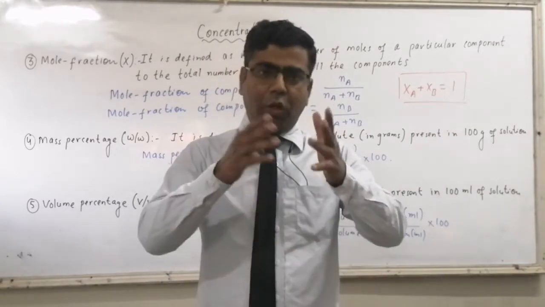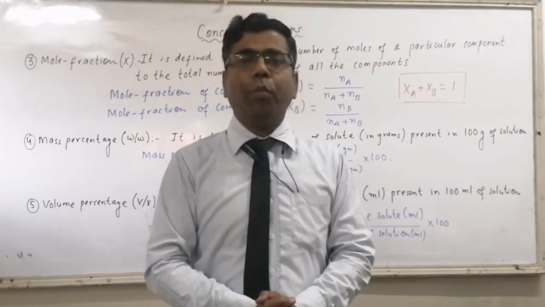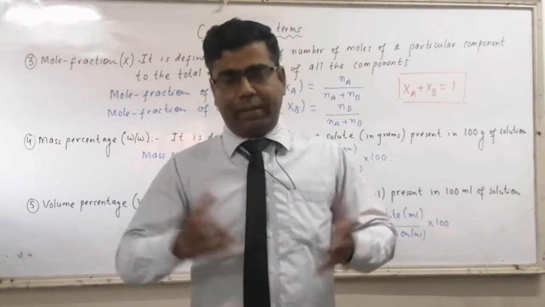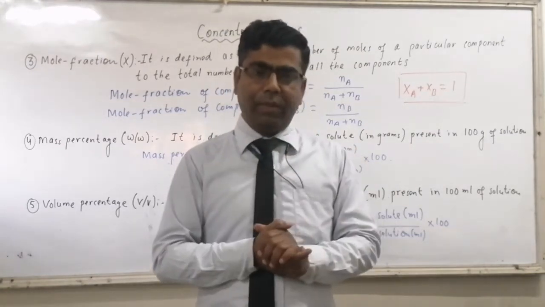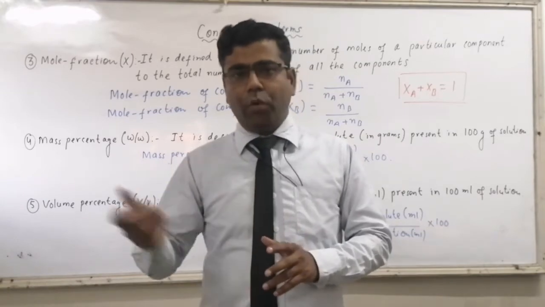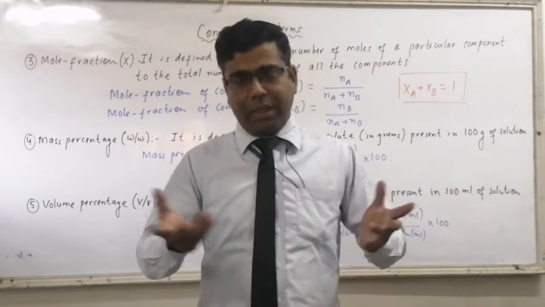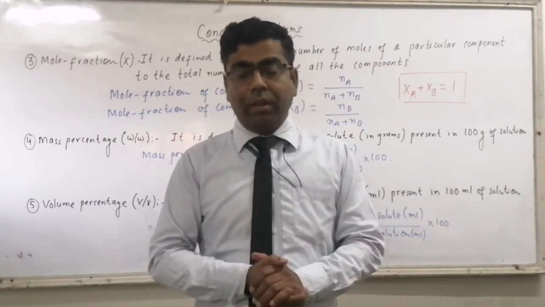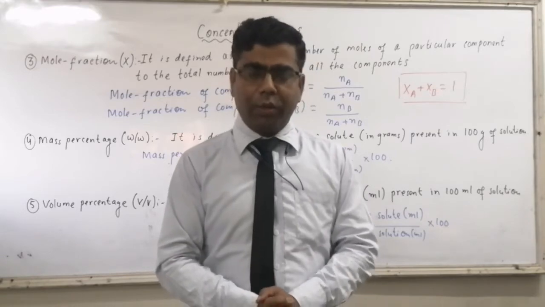Now suppose a binary solution is there, and in this binary solution, the number of moles of solvent is Na and the number of moles of solute is Nb. Then how to find out the mole fraction of solvent and solute?